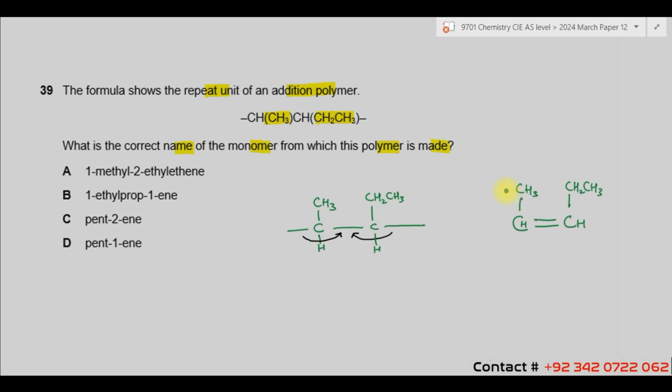Now in the long chain we have 1, 2, 3, 4, 5 carbons. So we have pent for 5 and this is an alkene. So pent and the alkene is on the second carbon, so 2-ene. Correct answer is C.